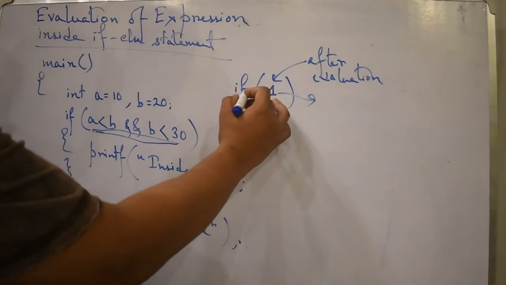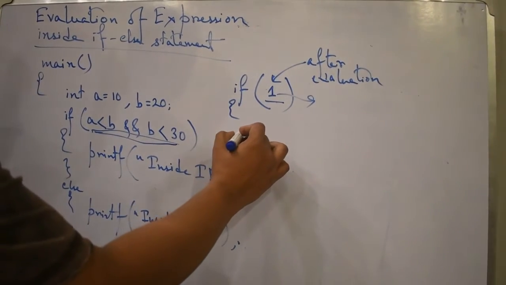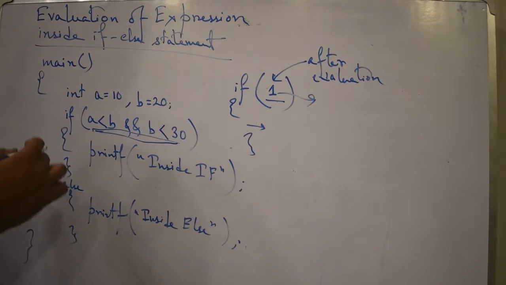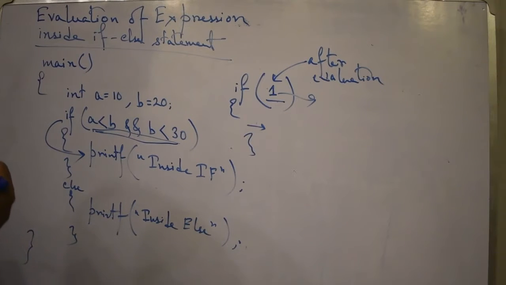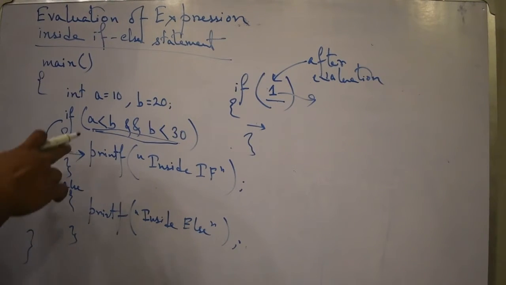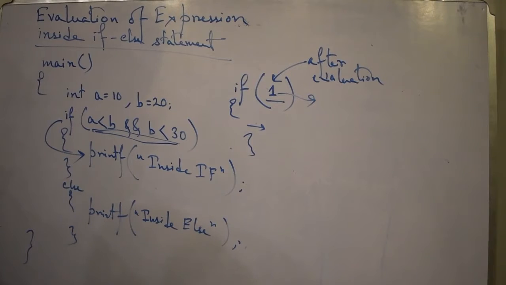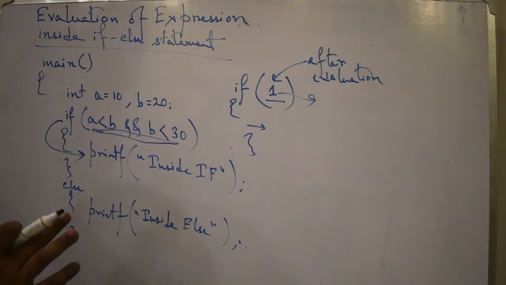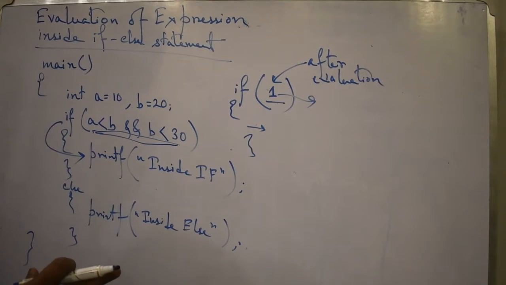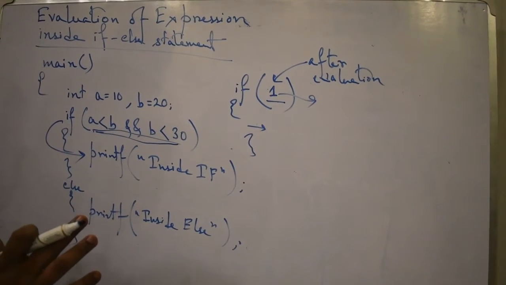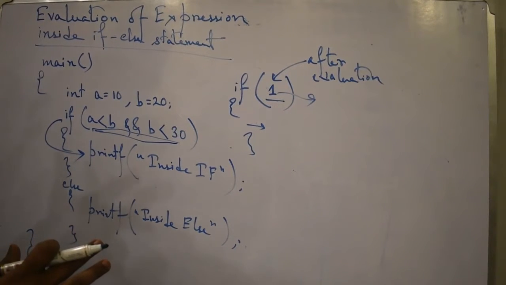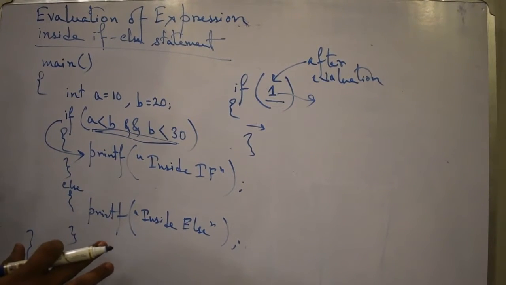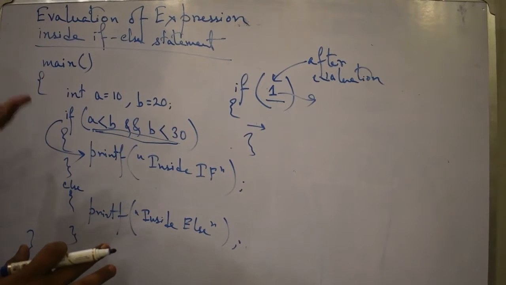So if true, that means the condition is satisfied and it will go inside this block. That's how the C compiler evaluates relational and logical operators. Got it? This is the fundamental idea of how expressions are evaluated in C and how C determines whether a condition is true or false: true or false means whether it is non-zero or 0.